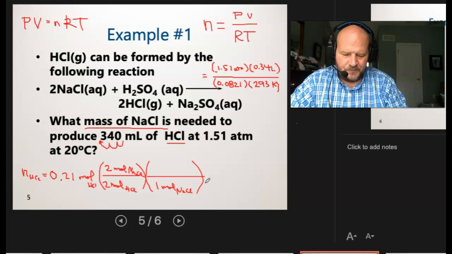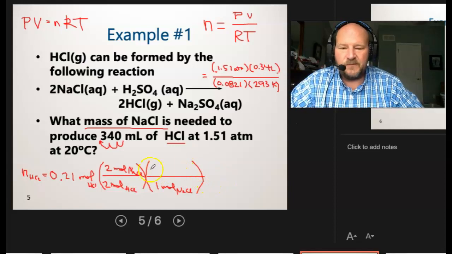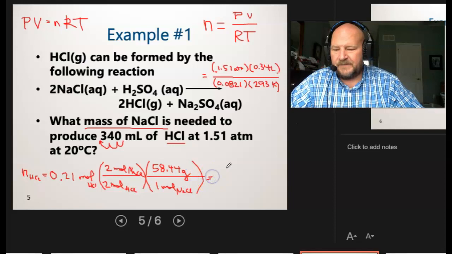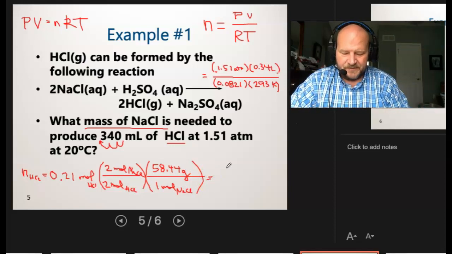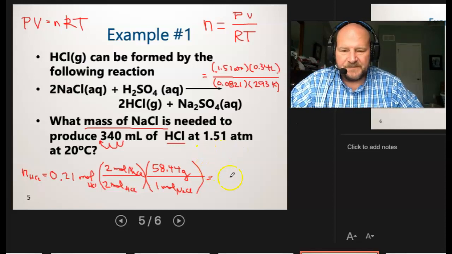So 22.99 plus 35.45 gives me 58.44. Again, that came from the periodic table, just like we did in chapter 5. And now finally, 0.21 times 2 divided by 2 times 58.44 gives me, with 2 sig figs, 12 grams.